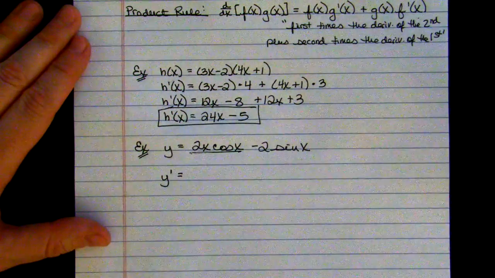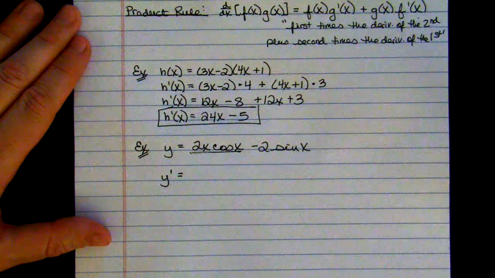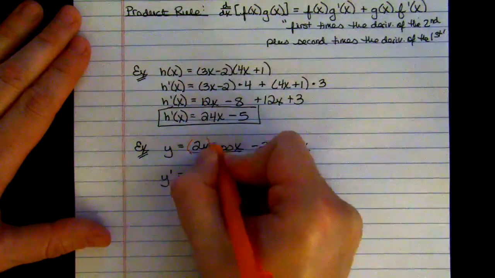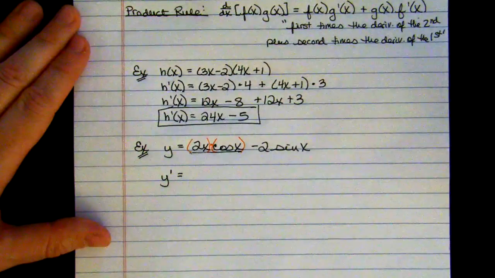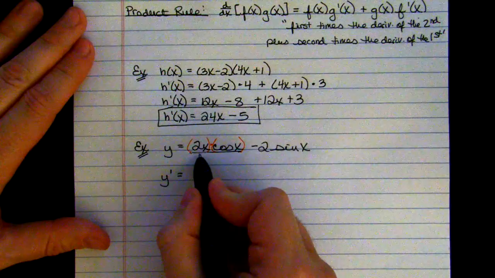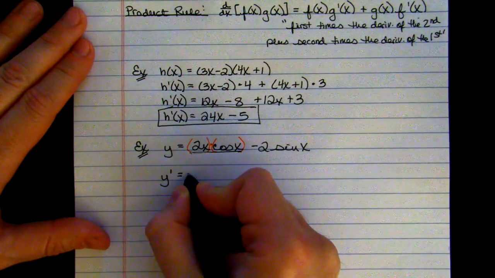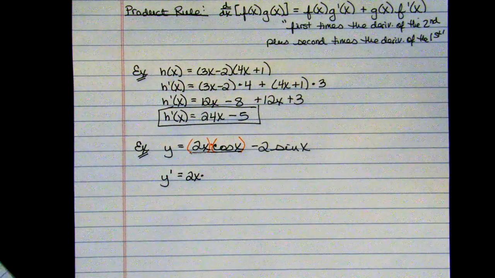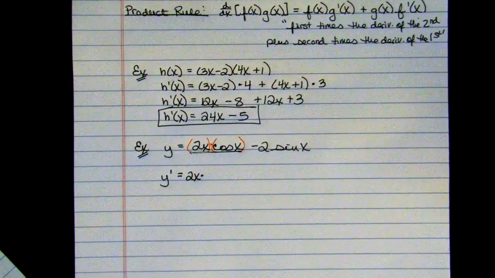So here we go. There are a couple ways you could do this. I'm going to say my product is 2x times the cosine of x. If I do that, first times derivative of the second, 2x times, okay, your turn, what's the derivative of cosine x?